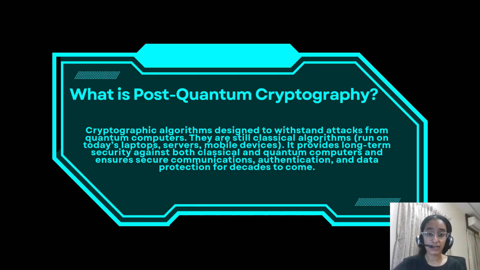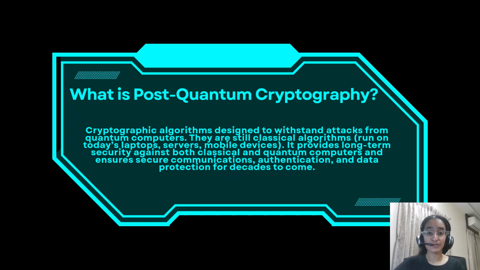Lattice-based cryptography, on the other hand, is a PQC technique. It relies on problems like the shortest vector problem, which are believed to remain hard even for quantum computers. The US National Institute of Standards and Technology is leading a global standardization process to select and recommend PQC algorithms.